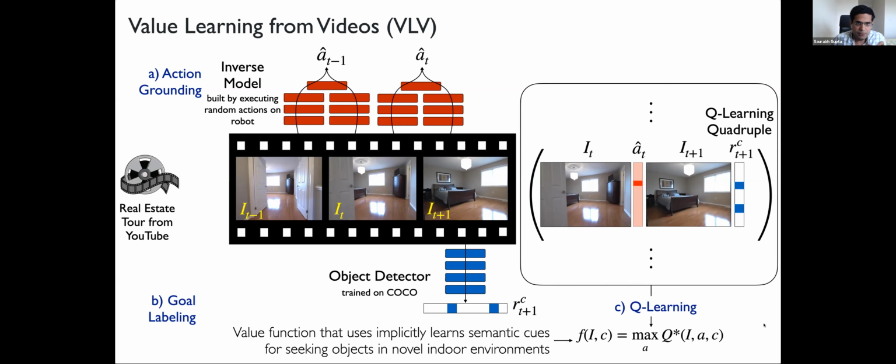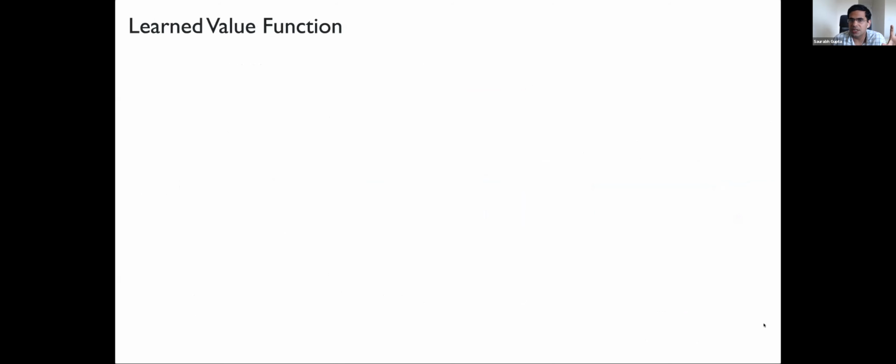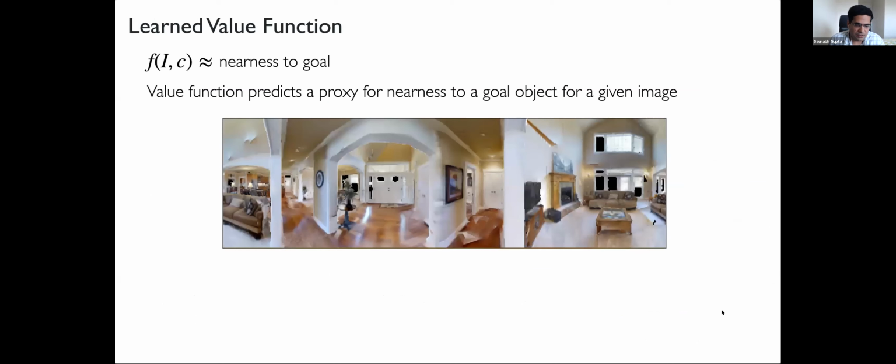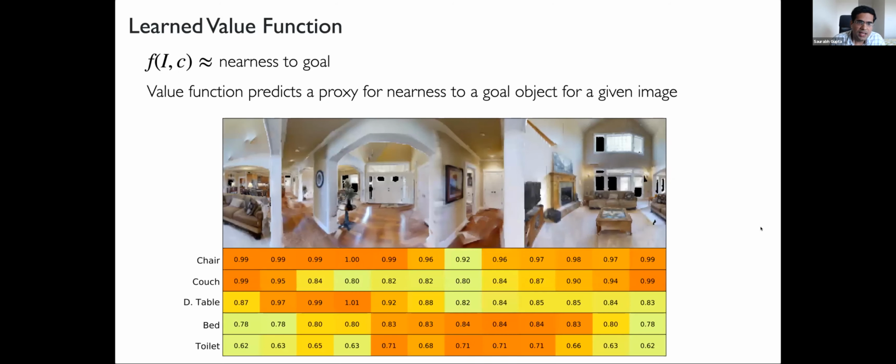Let me show you intuitively what this value function has learned. This value function, as I said, measures some form of nearness to goal. This is an image that we are running this value function on, and here is the prediction. Again, higher is better, nearness to goal. High means you are close to the goal.